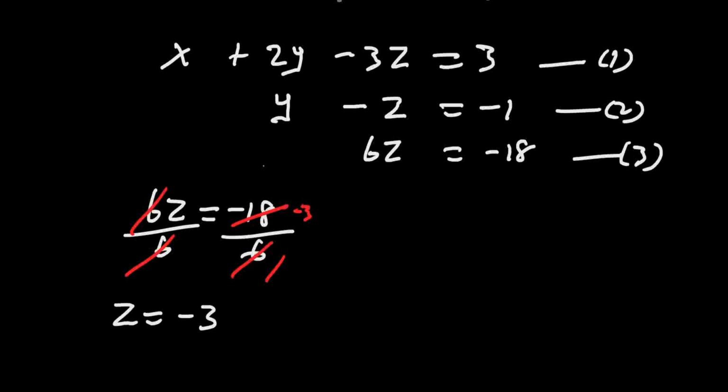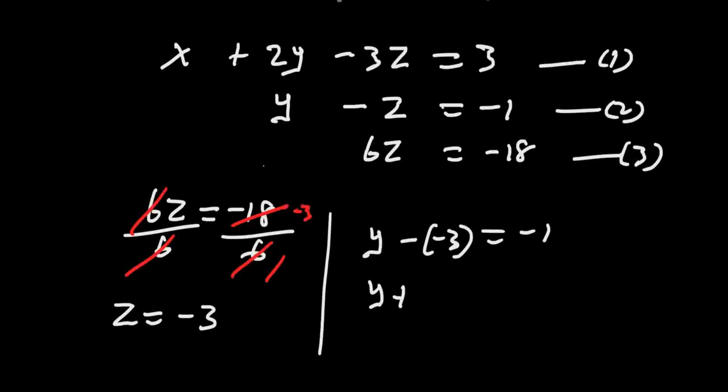Now we can substitute this value into equation 2. So equation 2, we have y minus, so in the place of z, you can put negative 3 there, equals to negative 1. This will become y plus 3 is equals to negative 1.